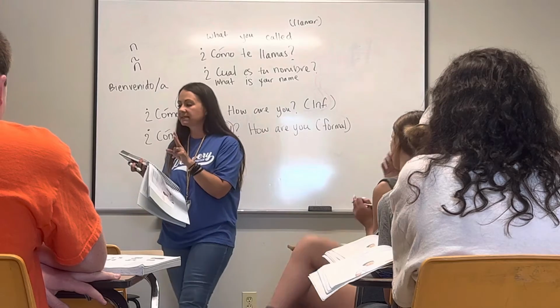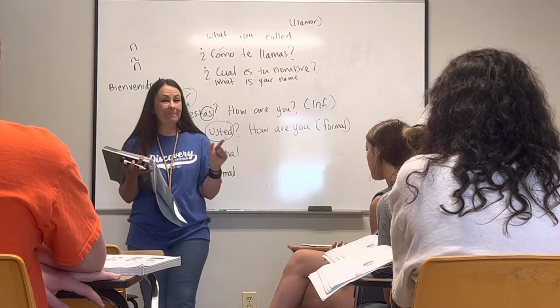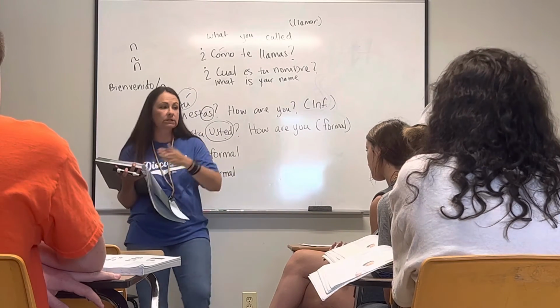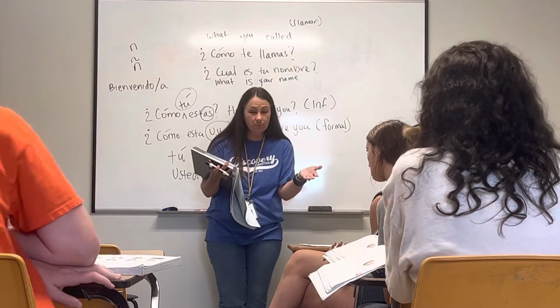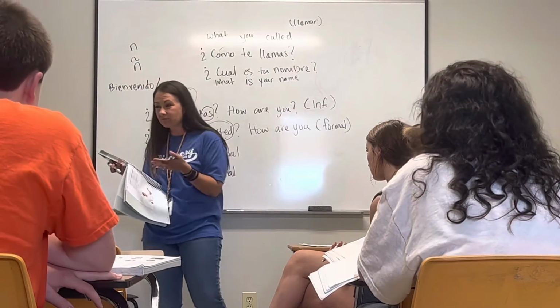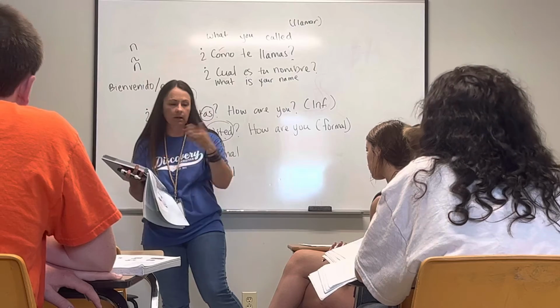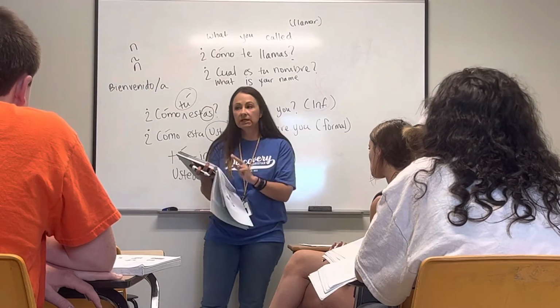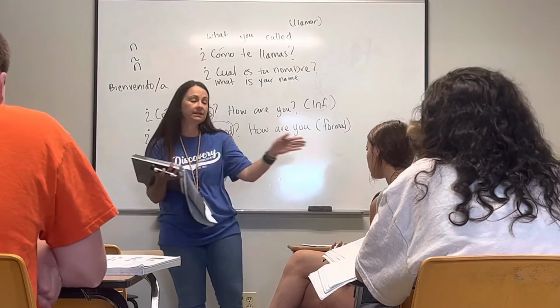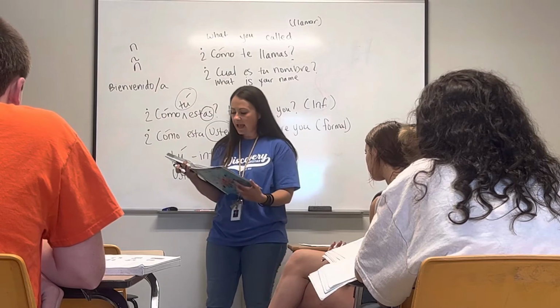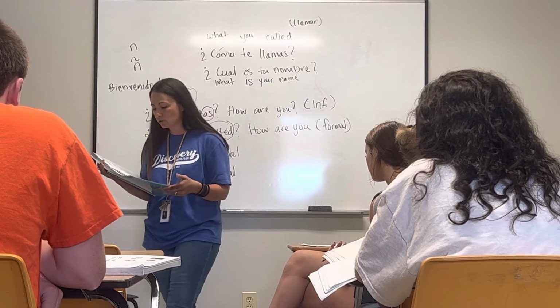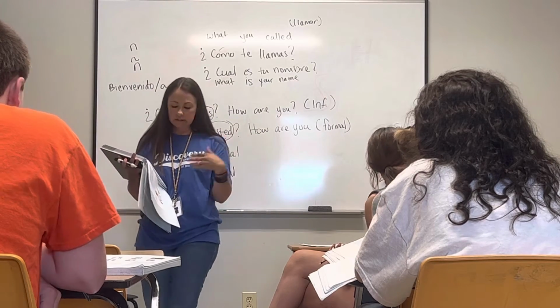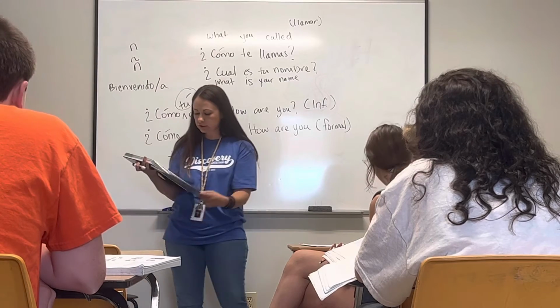All right, here's another example of the languages not being one-to-one. So we would say excuse me if you're gonna go by someone, but if I'm gonna interrupt your conversation, I would also say excuse me, right? Like we use that same phrase. In Spanish, two different phrases. Con permiso is to get by someone, and perdón or disculpe is to get someone's attention or if you have to interrupt a conversation.